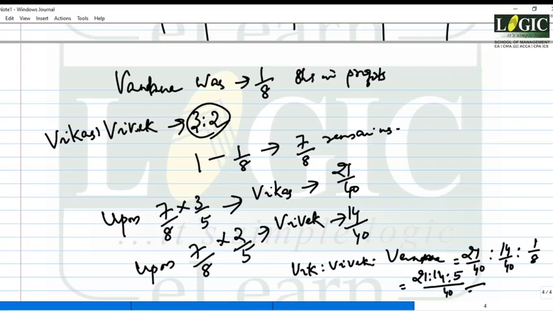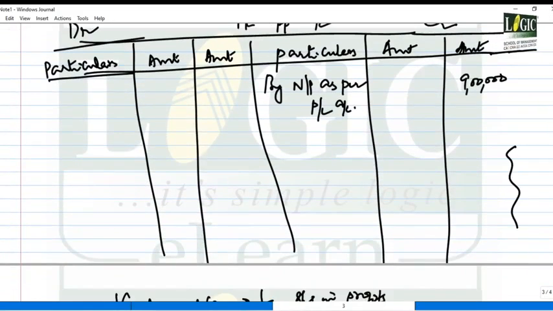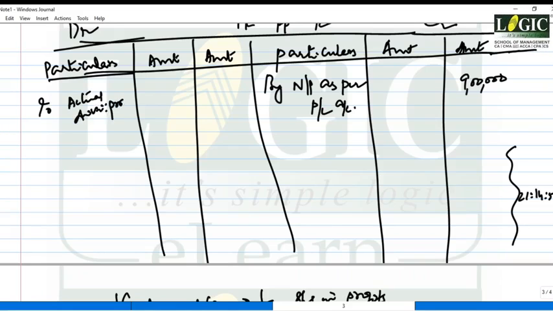This is the ratio in which profits are to be distributed: 21 to 14 to 5. So 9 lakh is the actual divisible profit.